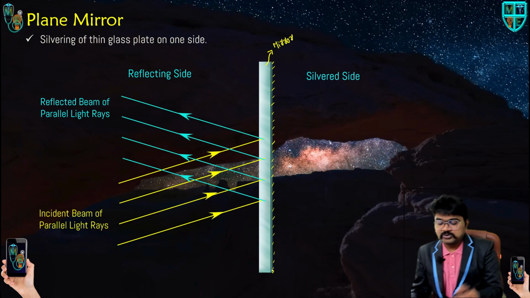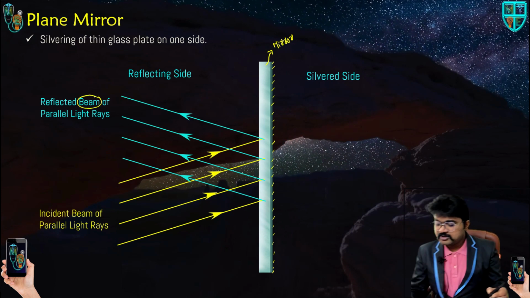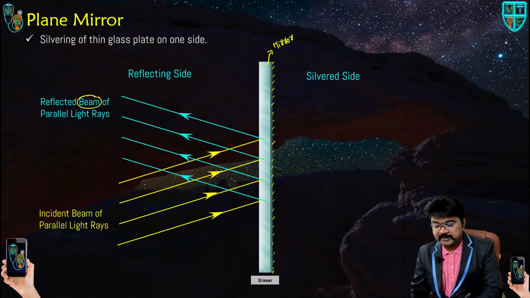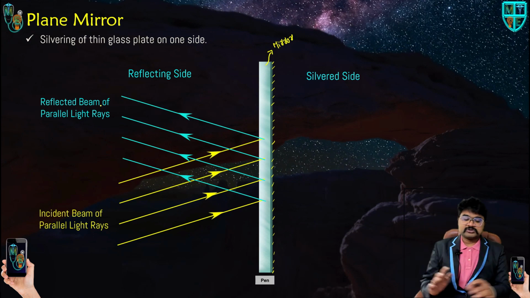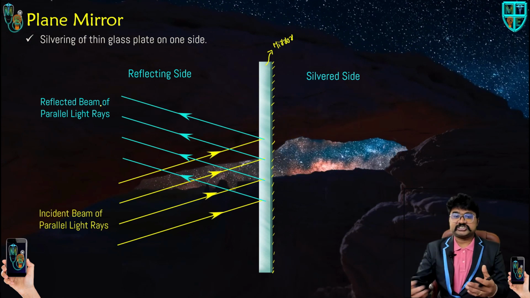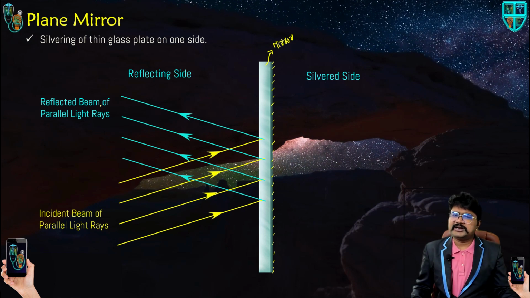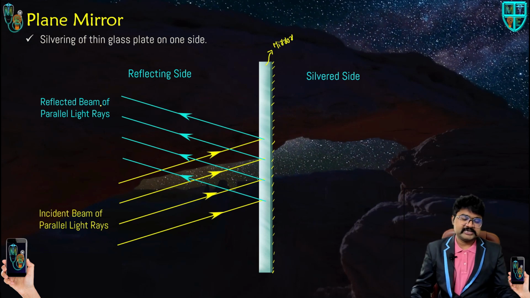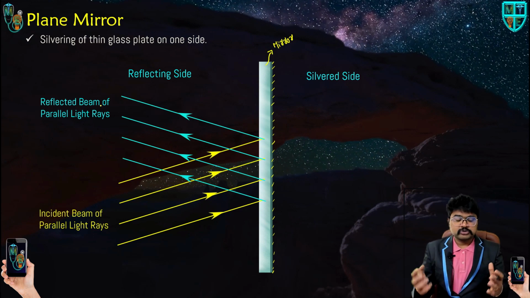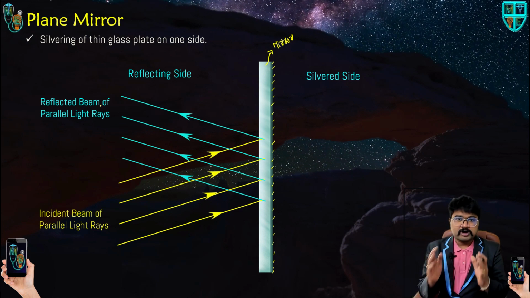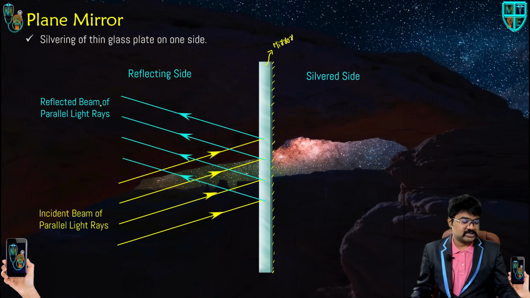This is the beam of reflected rays, the complete reflected beam. Understood now? So this is the reflection phenomenon in a mirror. Now we need to calculate the angle of incidence, angle of reflection and image distances. Complete image formation in the mirror we need to discuss in this particular session.